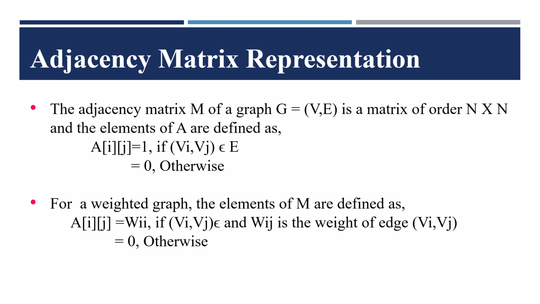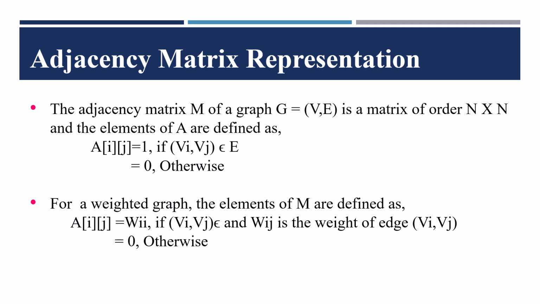But what if the edges have weights, for example distance or cost? In that case, we use a weighted graph. Now, instead of writing 0 or 1, we write the actual weight in the matrix.